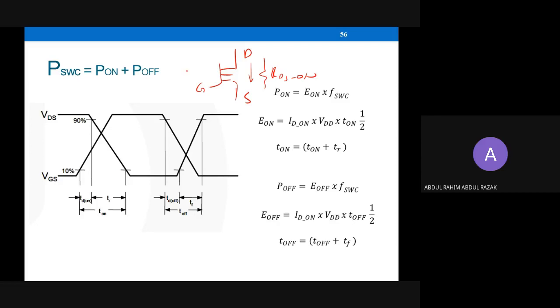Meanwhile, we apply a gating signal to the gate. It will slowly gate on, and at the same time, VDS will reduce to 0. But it will not happen drastically. So there will be a transition between voltage drop and voltage up here.